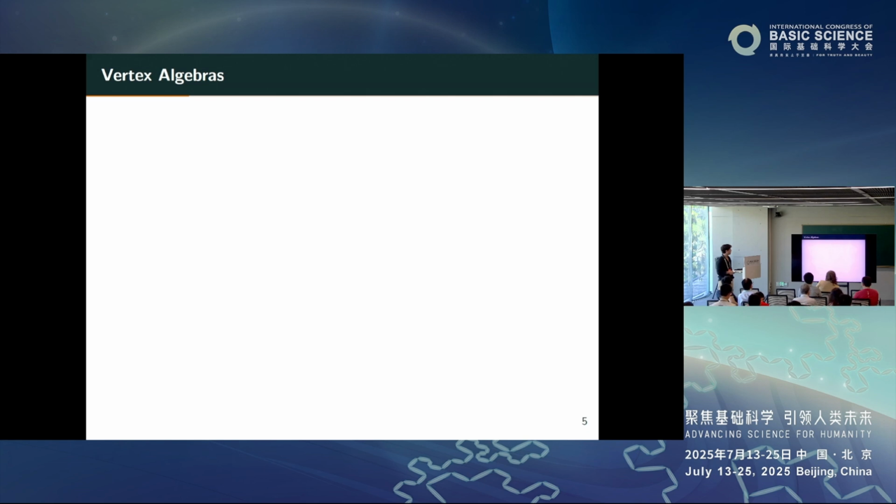And so now I'd like to explain these notions related with vertex algebras. But before doing that, I'd like to make some comments on vertex algebras. Vertex algebras were introduced by Borcherds and Frenkel, Lepowsky, Meurman.